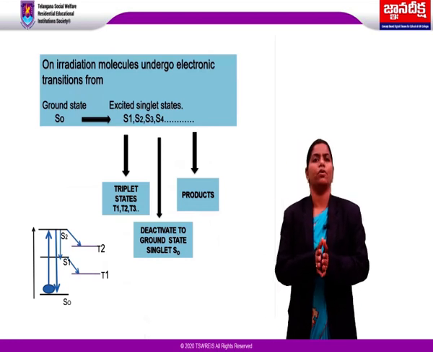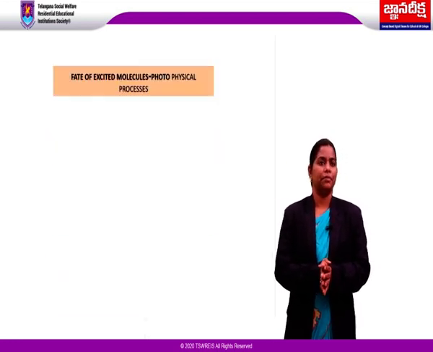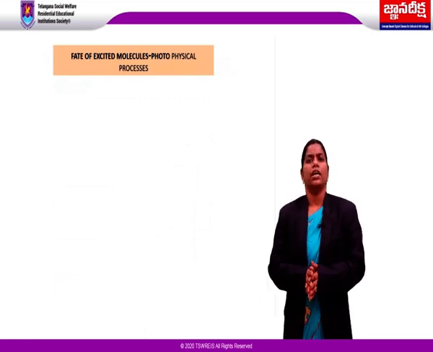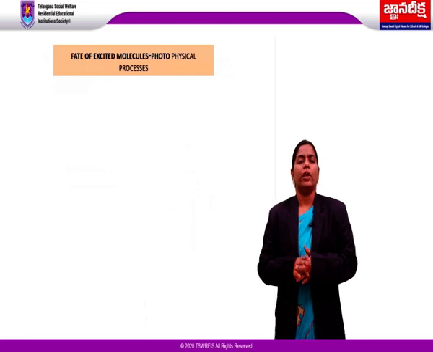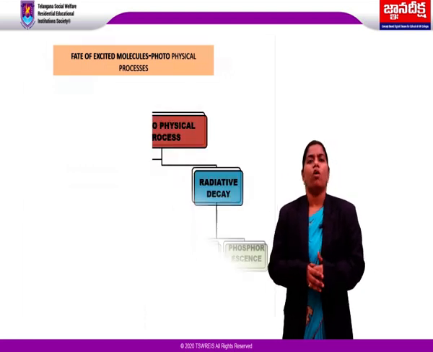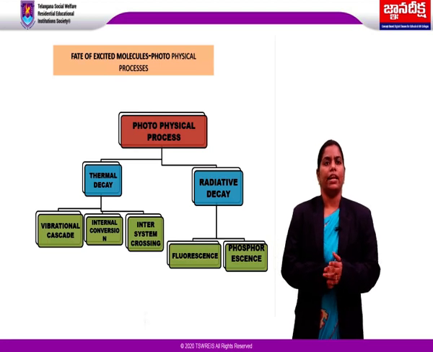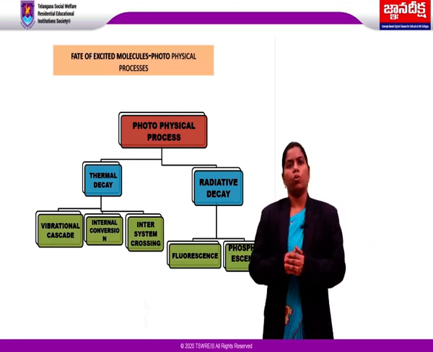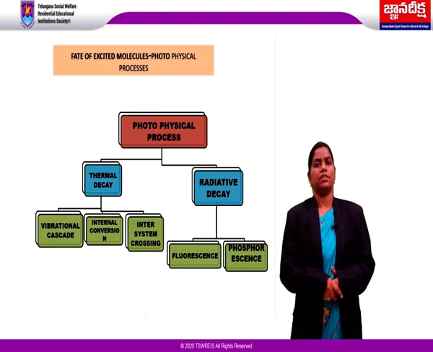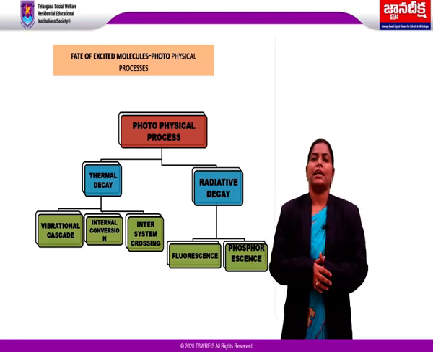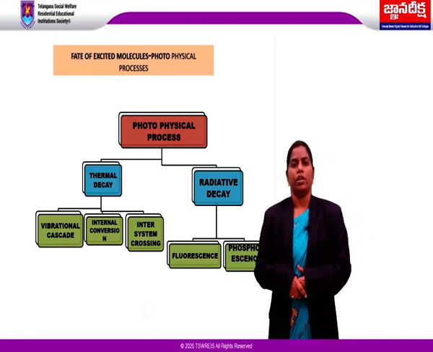Now, what is this photophysical process? Photophysical processes are those which take place without any chemical change in the system. As we discussed in the previous slide, there are 2 types of photophysical processes. That means there are 2 paths for the de-excitation of the activated molecules.